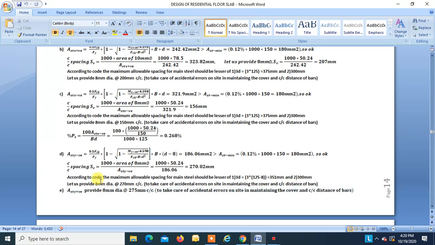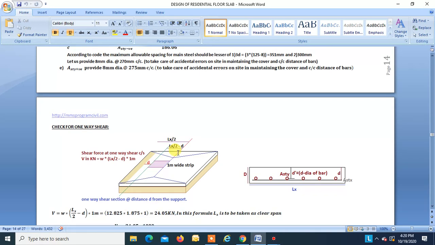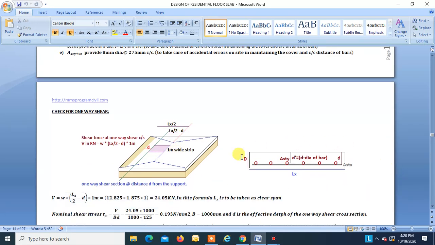Okay, over here, I would like to add something. Over here, d we are taking is 125, but here you have to take d minus 8, okay? Because this is our slab section, this is our main steel Astx, and this is the Asty, okay?